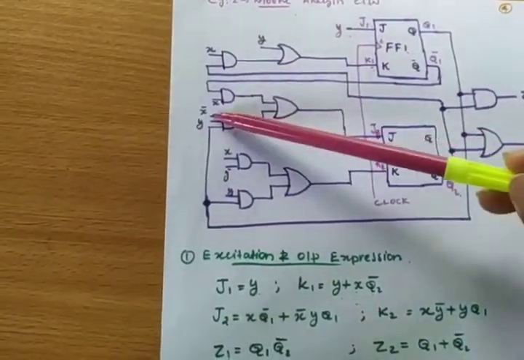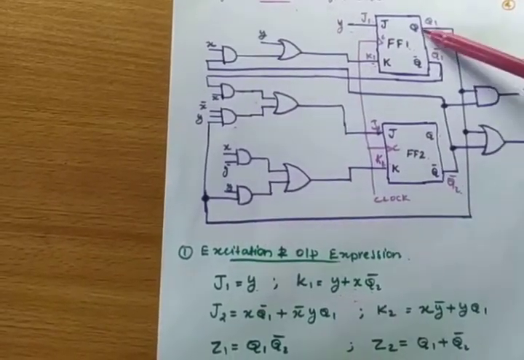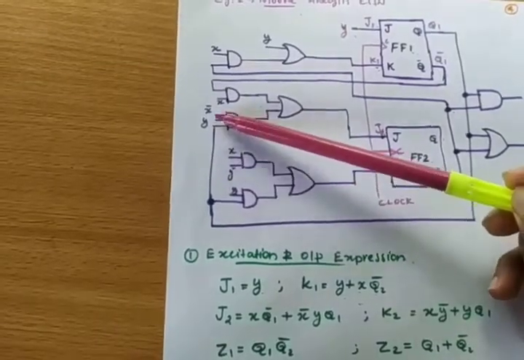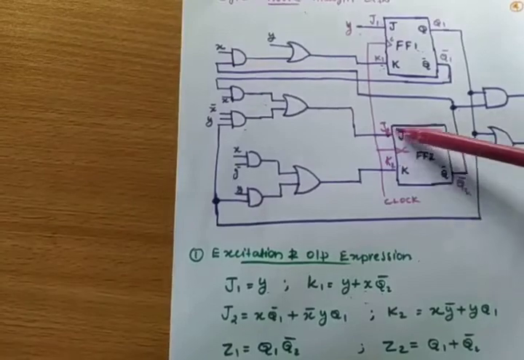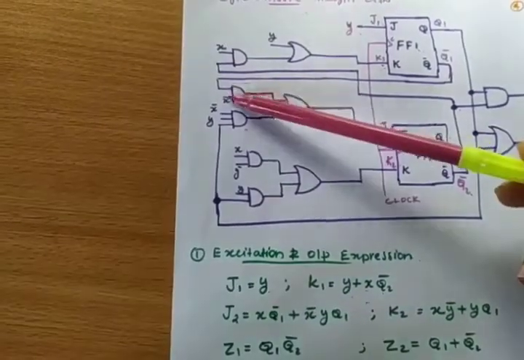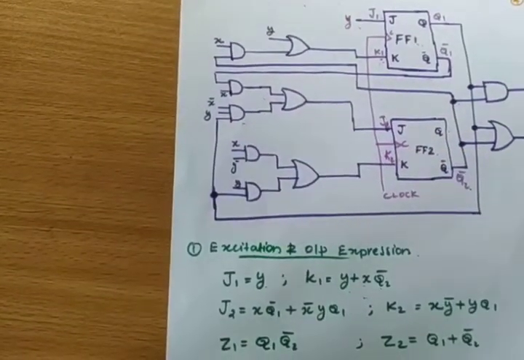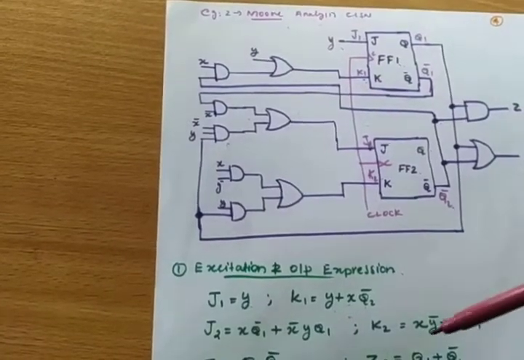Plus X bar Y, and this input comes from Q1, so X bar Y Q1. So J2 is equal to X Q1 bar plus X bar Y Q1.